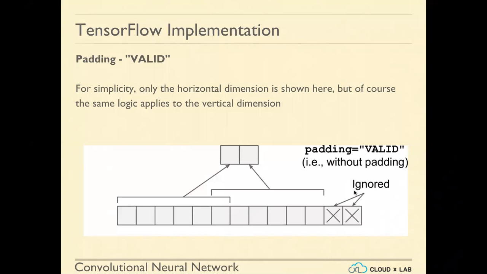So a question from Binta is: the first and last elements of the strides must currently be equal to 1, what do the first and last represent?